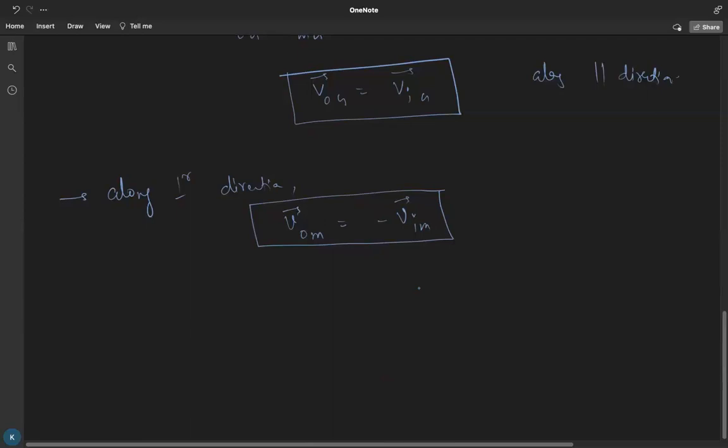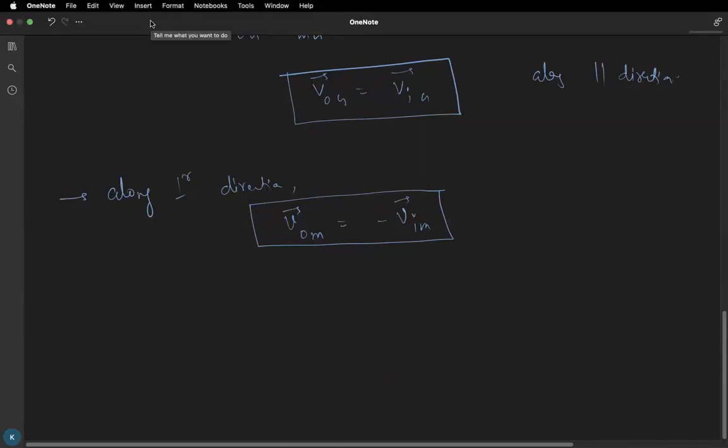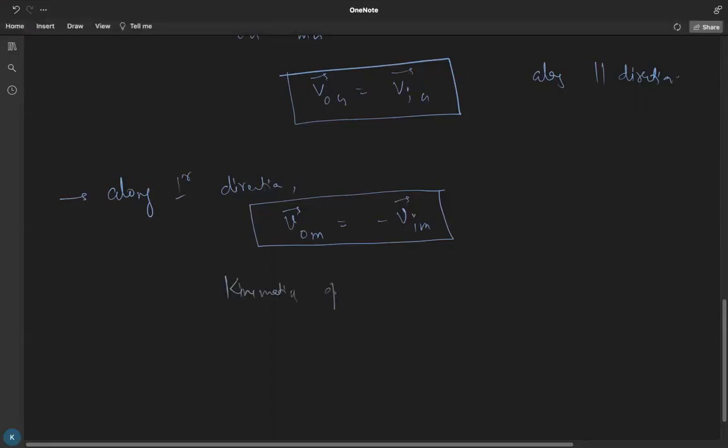Now again I have to use the kinematics of relative motion to get the relation between the velocity of the object with respect to the ground and the velocity of the image with respect to the ground. The velocity of A with respect to B is equal to the velocity of A with respect to ground minus the velocity of B with respect to ground.